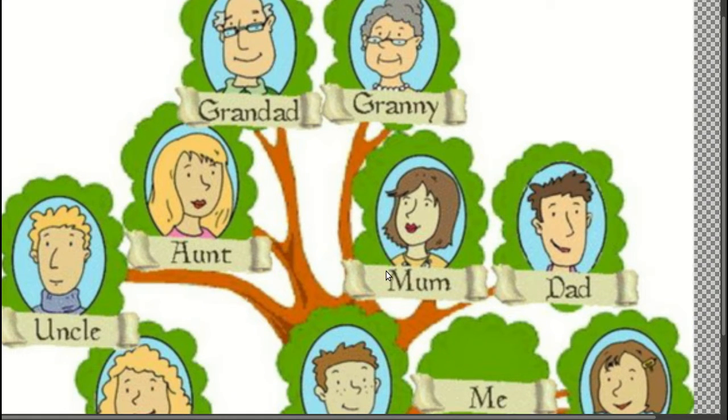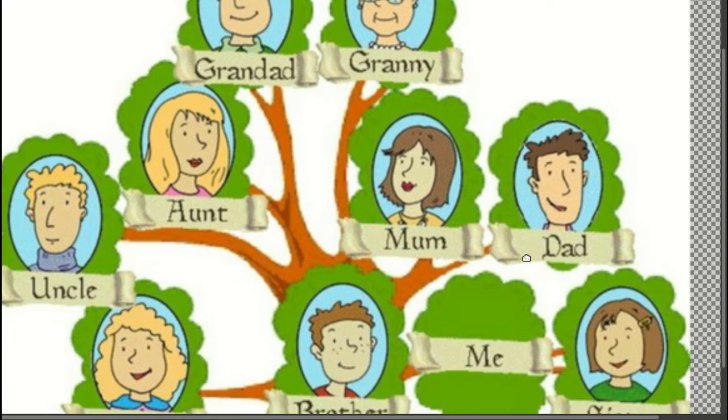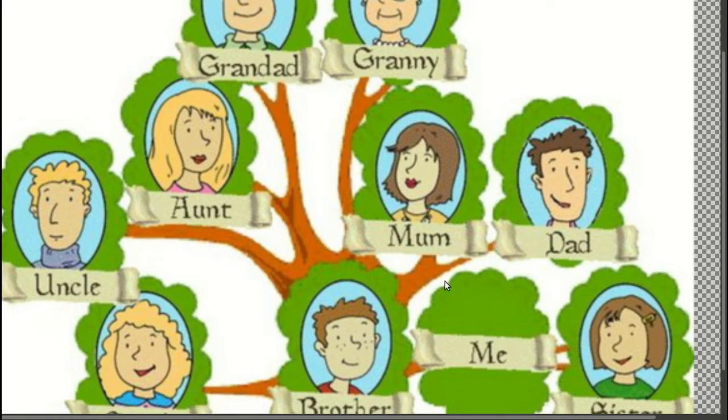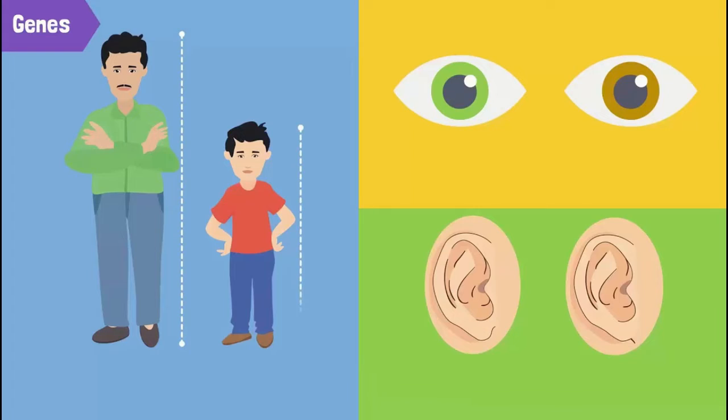So maybe you have similarities to your grandfather, maybe to your grandmother, or maybe you're similar to your mother or to your father or to your father's parents, because all this DNA passes through the whole generations. So as an example, your eye color, the form of your ears, your face, your hair, all your body.